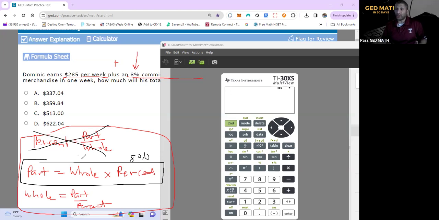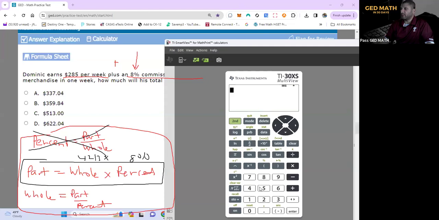I know my whole, which is 4213. So to find 8% of 4,213, I must multiply the whole times the percent. So I'm going to use my calculator. I think it was 4213, right? Yep, 4213. Now, like you said, Jarrell, you could change it to a decimal, which is 8 over 100 or 0.08. So I could say times 8 over 100.